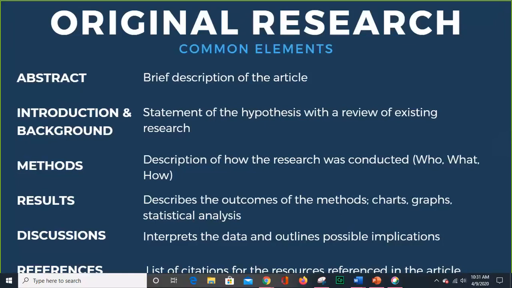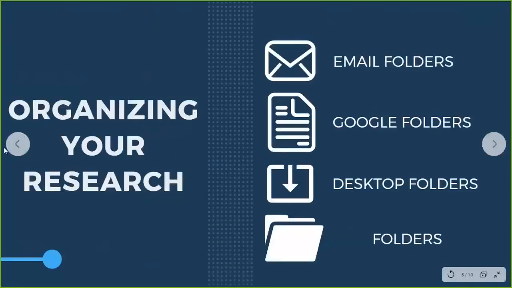So again, that's the statement of the hypothesis with a review of any existing research. For methods, you'll see a description of how that research was conducted, so who, what, how. For results, it will describe the outcome of the methods, the charts, graphs, statistical analysis. Our discussions will interpret the data and then outline any possible implications. And then references, sorry guys.